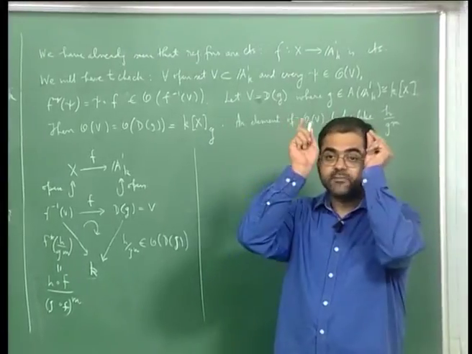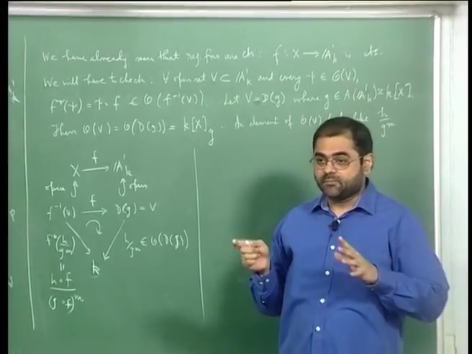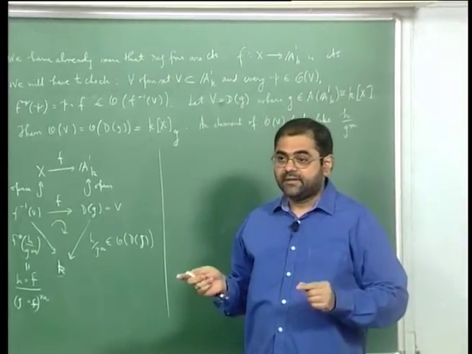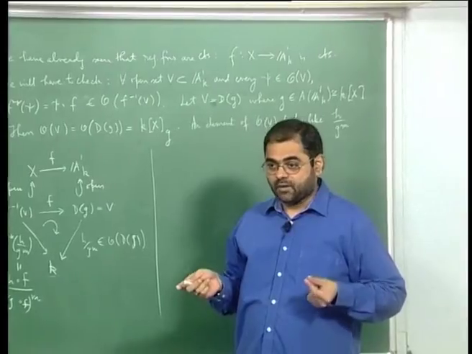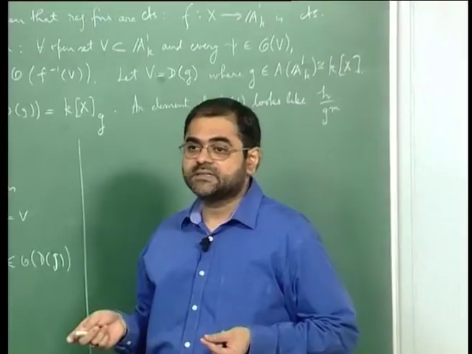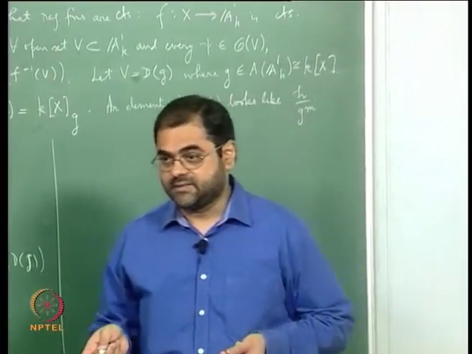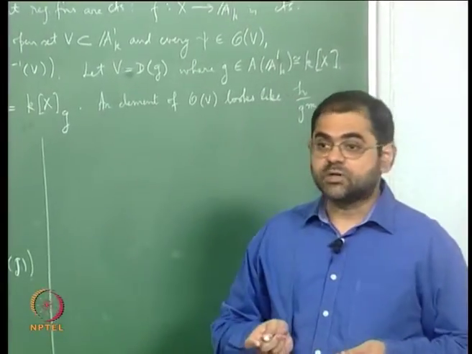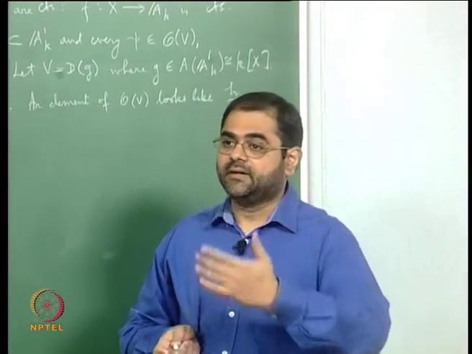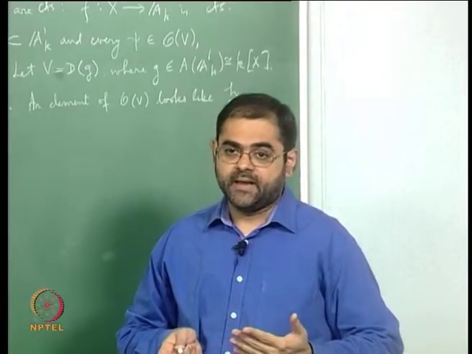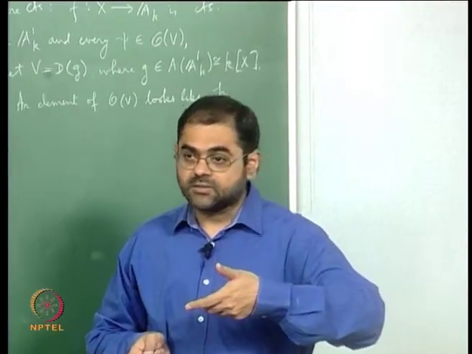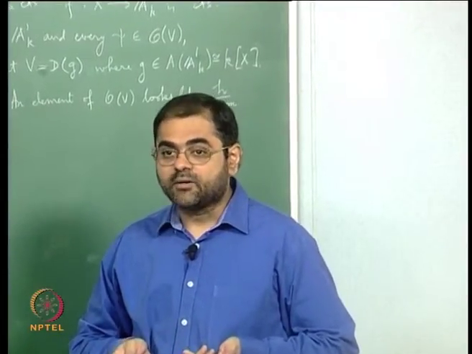I am using the fact that if you have a regular function that does not vanish, then its reciprocal will also be a regular function, because the only condition for a regular function is that it is locally given by a quotient of polynomials, and if that quotient does not vanish, the numerator polynomial does not vanish, if there are no common factors, and then the reciprocal is also a valid quotient of polynomials.